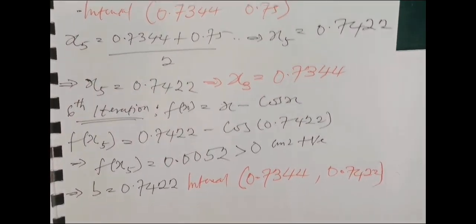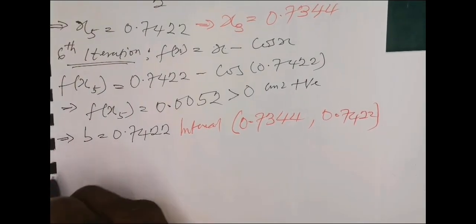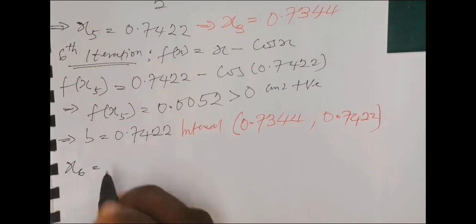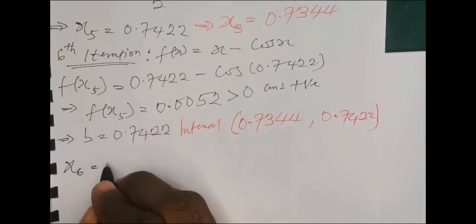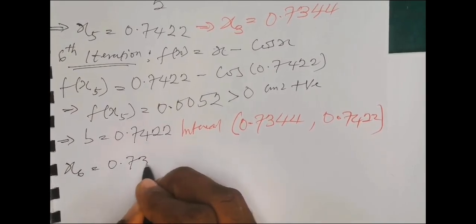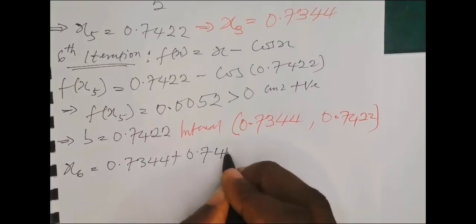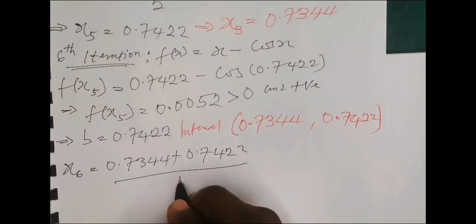So we can find the sixth root, s6, which is equal to adding these two values, 0.7344 plus 0.7422, and dividing by 2.